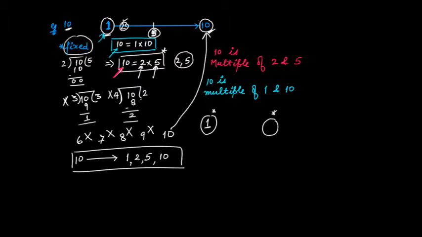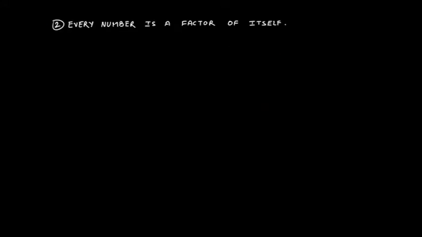Same point repeated again. In this case 10 is a factor of itself, and likewise 55, 1000, or any number is a factor of itself. If I take 10, the two fixed factors are 1 and 10.